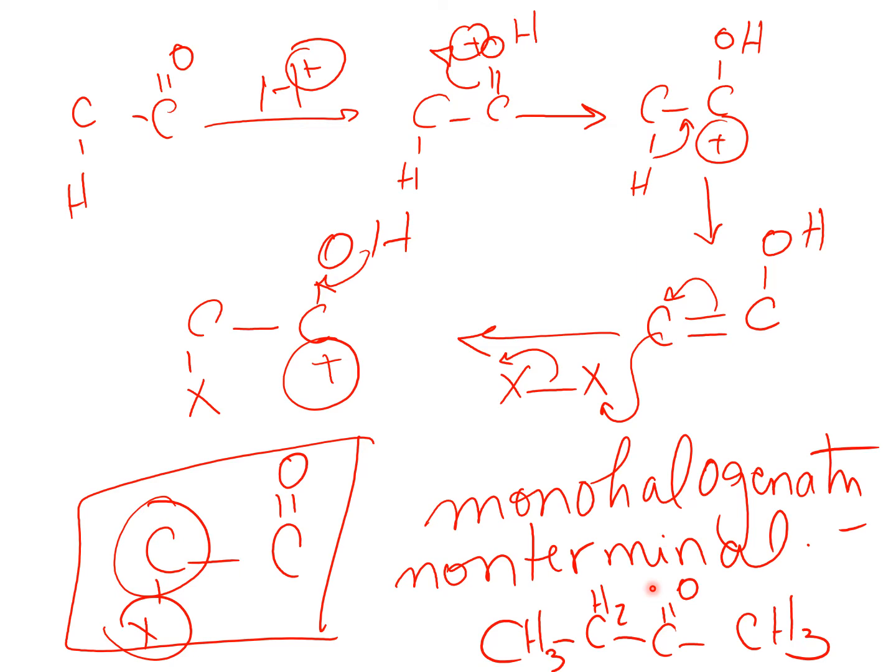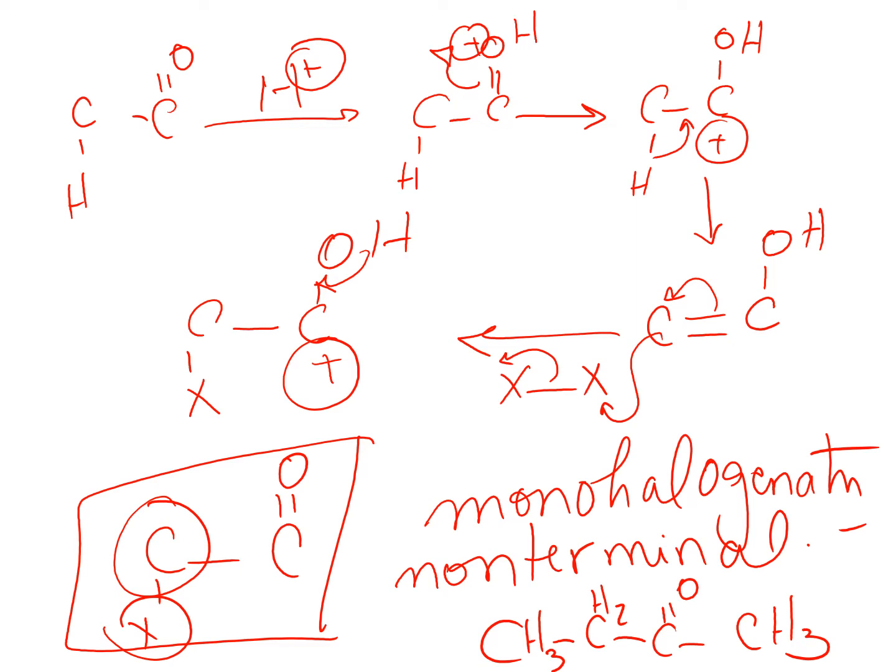You will find that double bonds, according to Saytzeff's rule, prefer to be non-terminal, prefer to be more substituted. So that's why this reaction gives the halogen on the non-terminal carbon. If it has more than one choice, whether terminal or non-terminal, it will choose the non-terminal carbon, and it's a monohalogenation reaction. It will not give a second halogenation step.